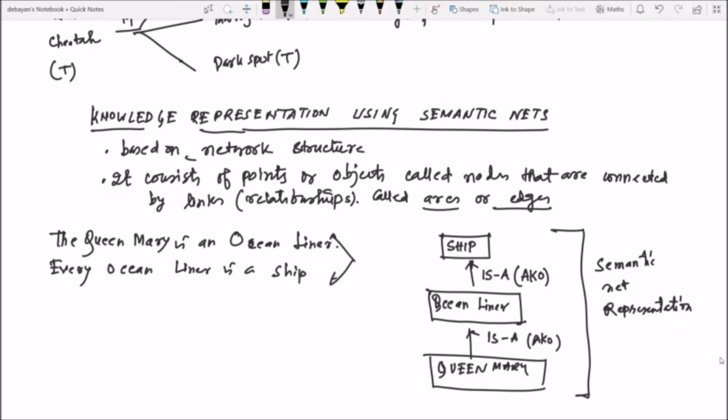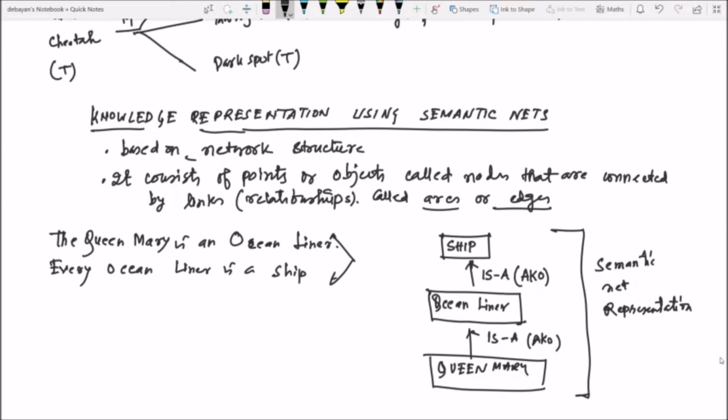Actually this relationship establishes a property inheritance hierarchy in the net. This means that items lower in the net can inherit properties from items higher in the net. That saves space, since information about similar nodes does not have to be repeated at each node. That is the property of inheritance, and instead it can be stored in central locations. Another important property is that a-kind-of relationship is transitive in nature.